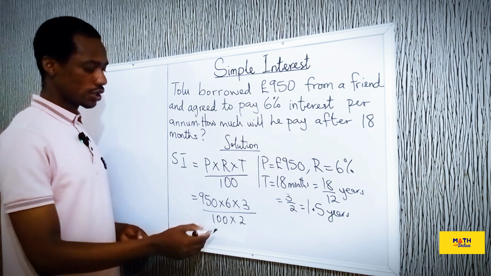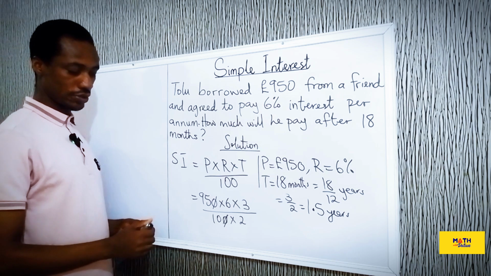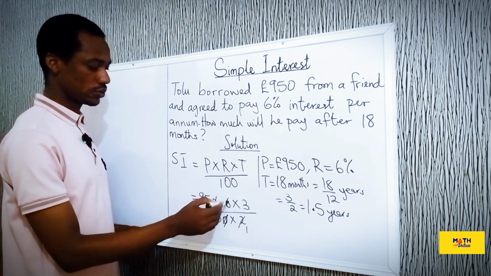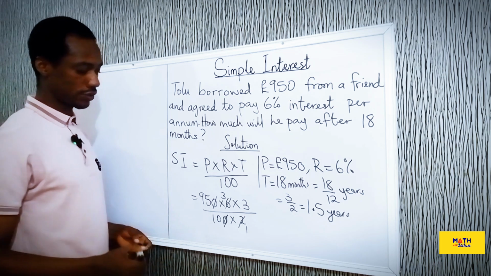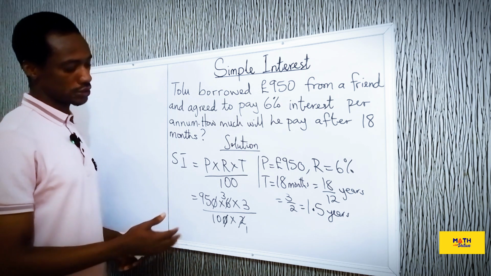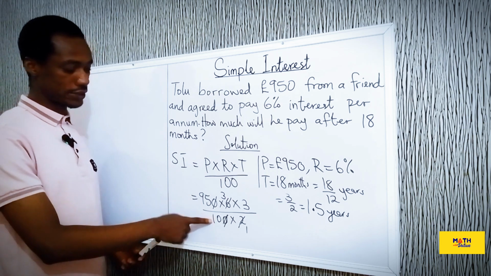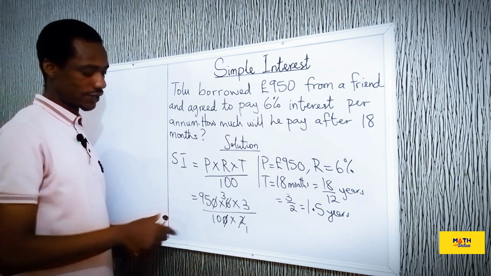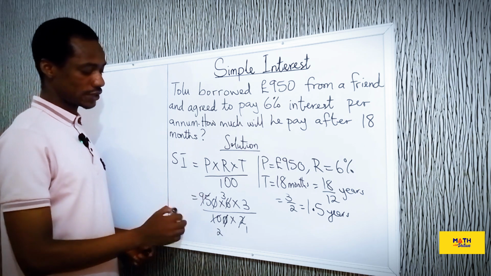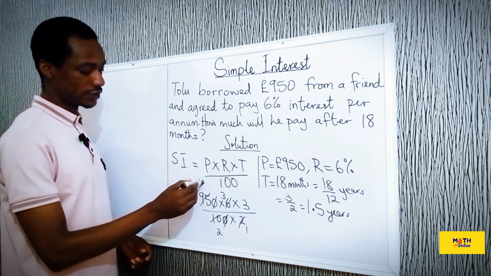Then we can take a 0 here. We can't take more than 1. Then this 2 can also go: 2 goes there, 1, and 2 in 6 is 3. At this point, we can just multiply out, or we can still decide to divide. 5 can go in 10 and 5 in 95. 5 in 10 is 2, and 5 in 95 is 19.